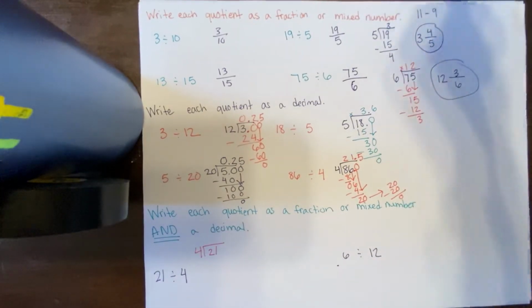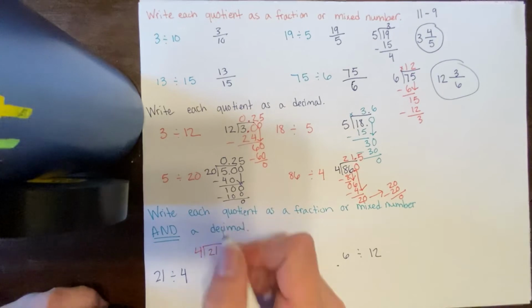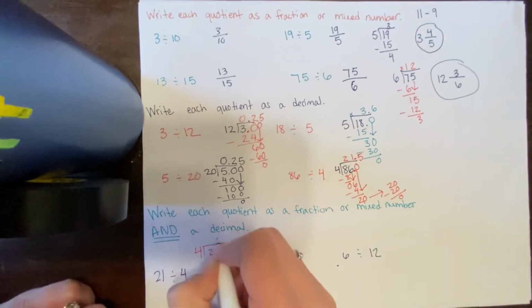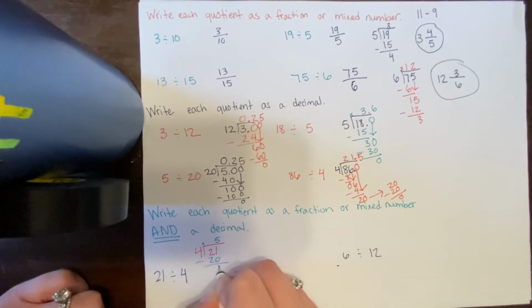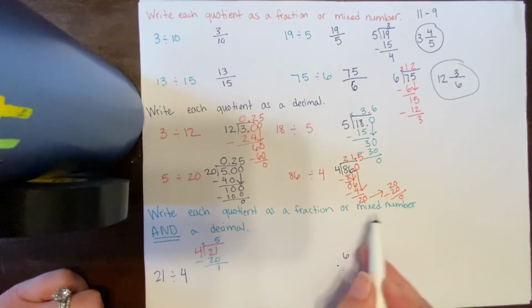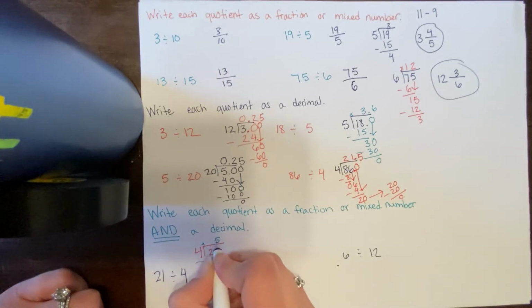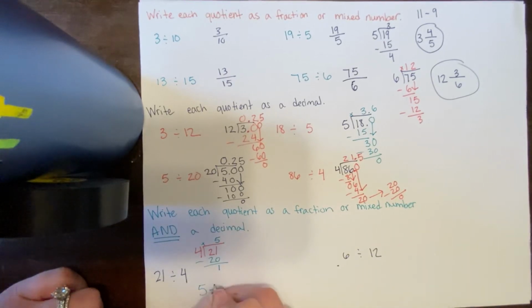Okay, 4 can't go into 2, but it can go into 21 5 times. And that is going to give me the answer of 1 for my remainder, which in order to write my mixed number, is going to be 5 as my whole number, my remainder is my numerator, and my denominator is 4. So my mixed number is 5 1/4.